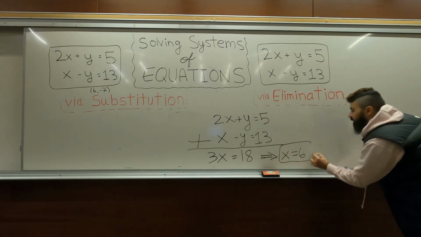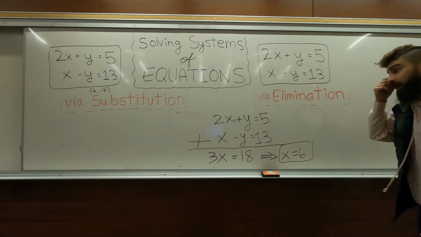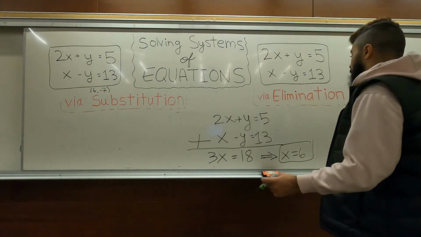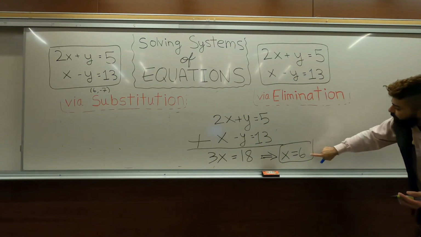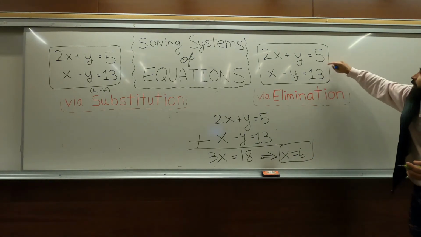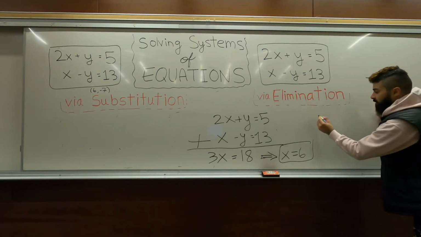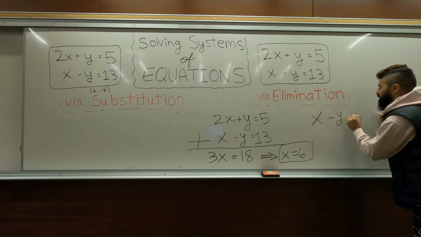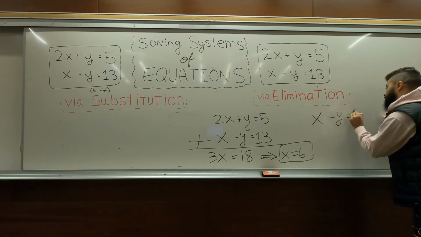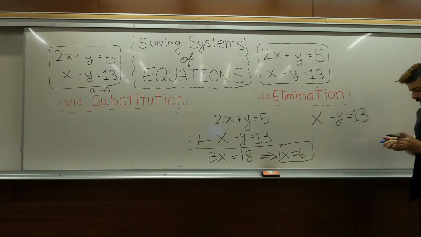So far, so good. The first one, we also got x equals 6, right? And then we just want to make sure that y equals negative 7. And all we have to do is plug this 6 into either one of these two equations. I'm going to choose the bottom one. So x minus y, and we're using a bit of substitution if you notice, right?